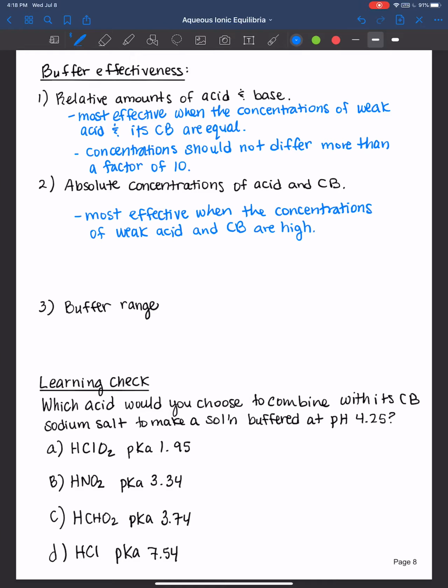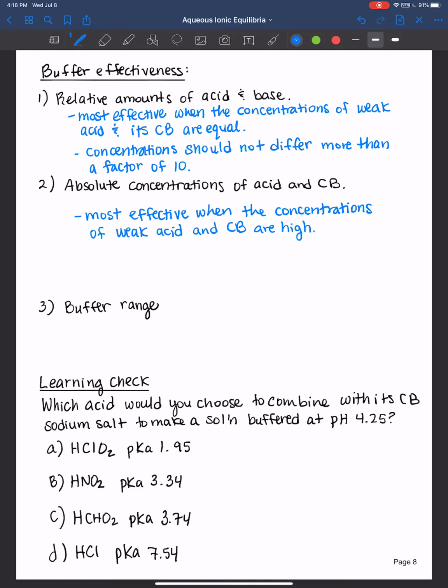So for example, having a 1 molar acetic acid and 1 molar sodium acetate solution would be more effective than a 0.1 molar acetic acid, 0.1 molar sodium acetate buffer. There's just more acetic acid to neutralize any added base and just more sodium acetate as well to neutralize any added acid.